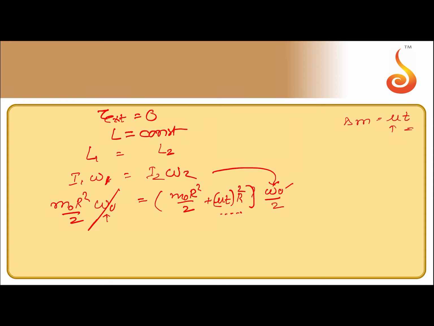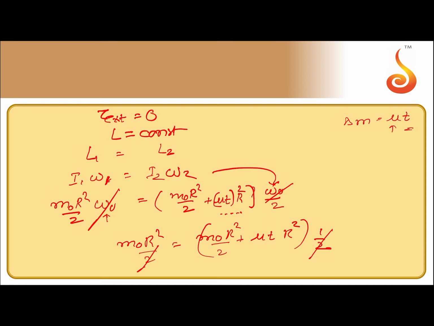So these two cancel and we can simplify it further. So we have m naught r square divided by 2 is equal to m naught r square divided by 2 plus mu t into r square, mu t into r square divided by 2. So further simplification is possible. These two cancel.